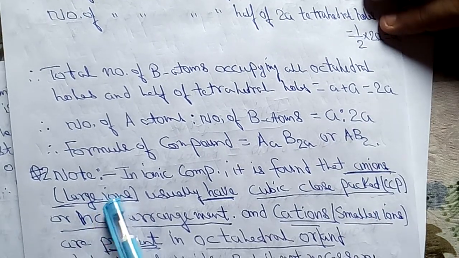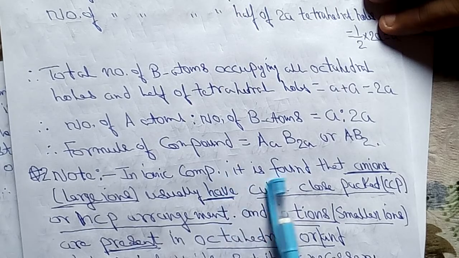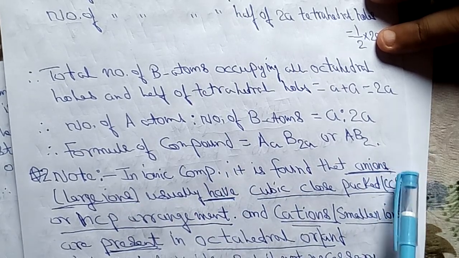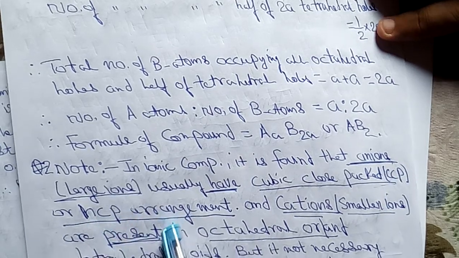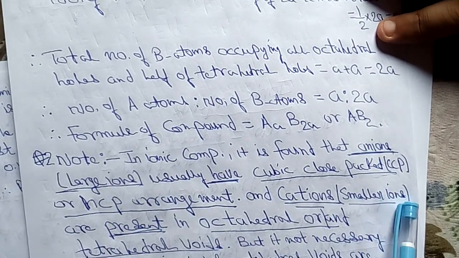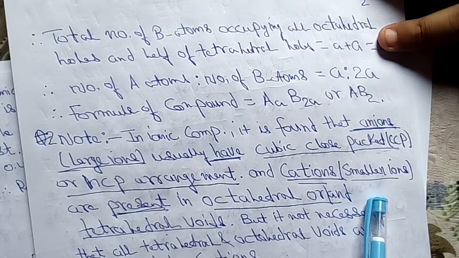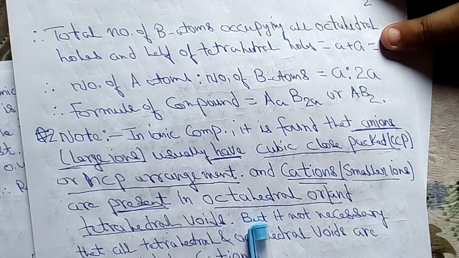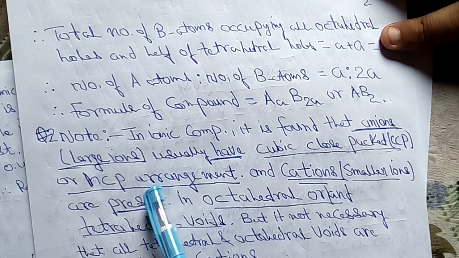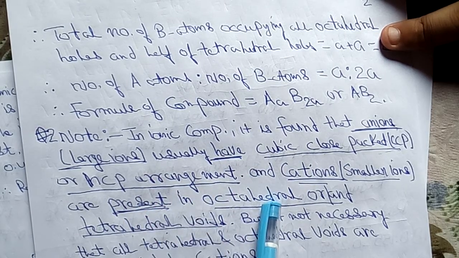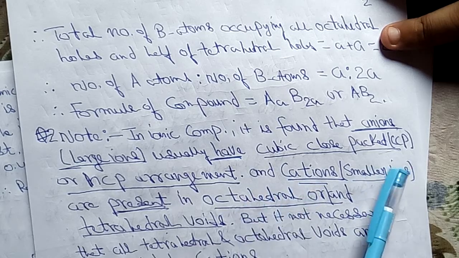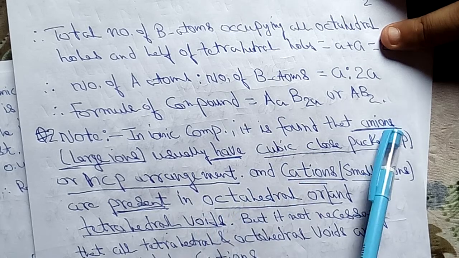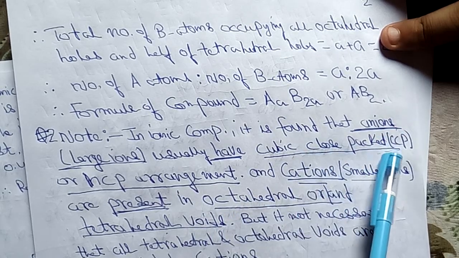You have to note that in an ionic compound, anions, the large ions, usually have cubic close packing. So anions have CCP structure, and cations, the small ions, are present in octahedral or tetrahedral voids. Whenever there is a cation, it will be at a void position, whether octahedral or tetrahedral. If it is an anion, it always forms a cubic close packed structure.